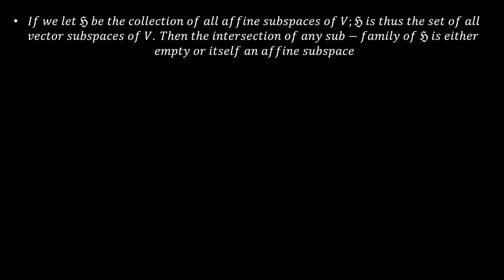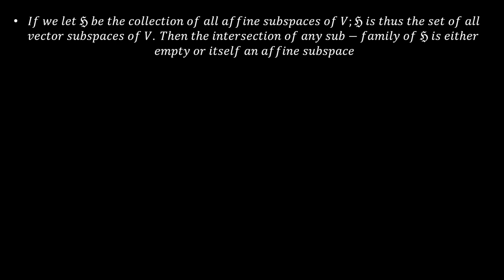We said, if we let this fractal H symbol be the collection of all affine subspaces of V, and what it means is that this fractal H is a set of all vector subspaces of V, then the intersection of any subfamily of fractal H is either empty or itself an affine subspace, which is straightforward.